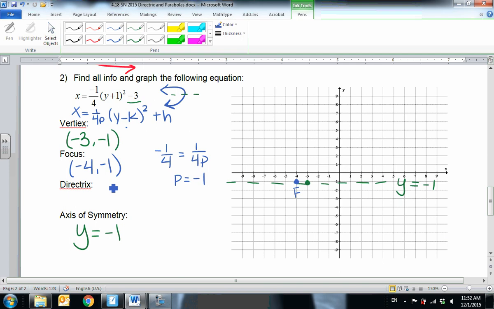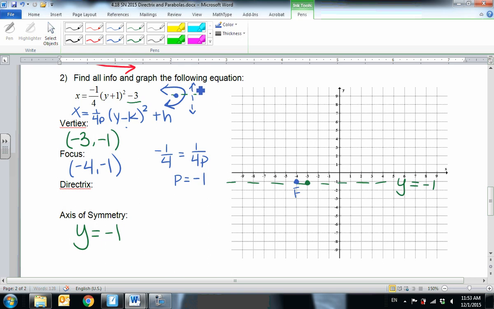Where's the directrix going to be? Think about your little sketch here, right? Our parabola opens left, our focus is on the inside. The directrix always has to be what in relation to the axis of symmetry? Perpendicular.